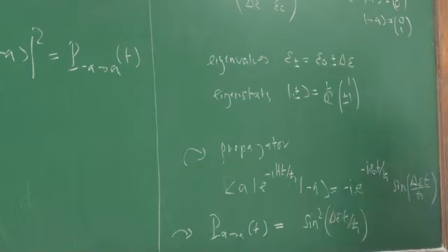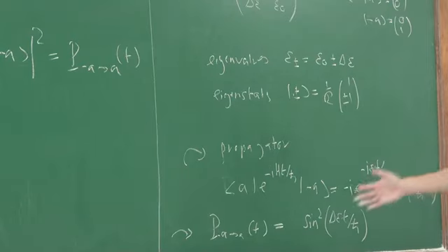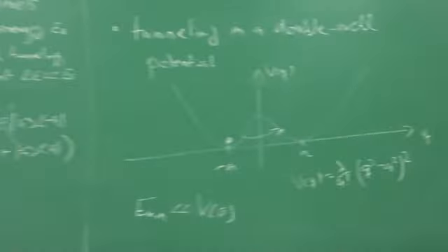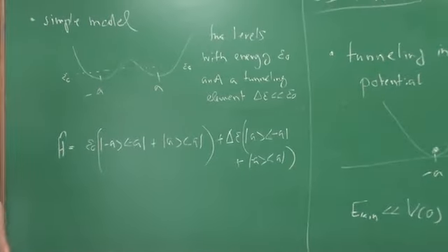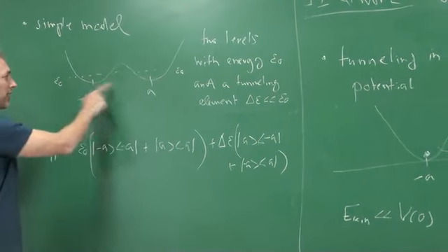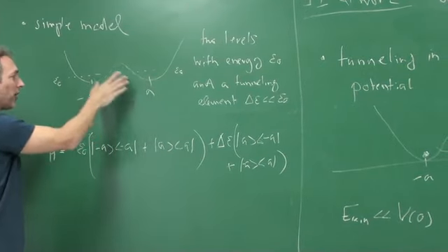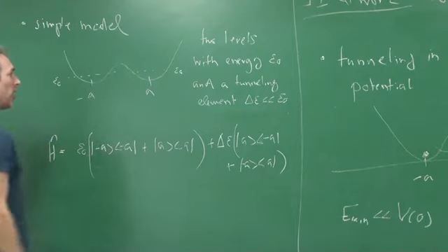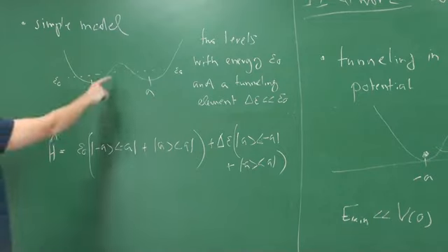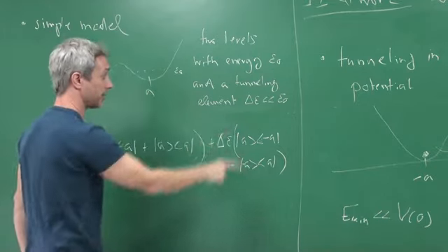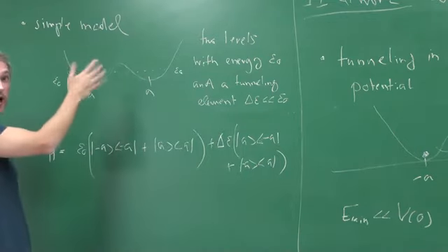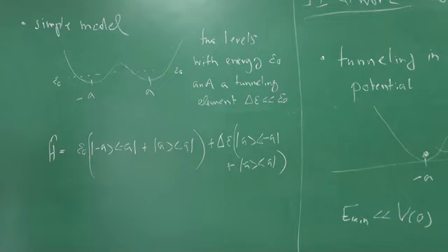This is the standard model of a two-level system. You start from a simple two-level system, whose levels are not speaking to each other, and then you can introduce some finite coupling between them, some finite tunneling, and this will hybridize the two states.